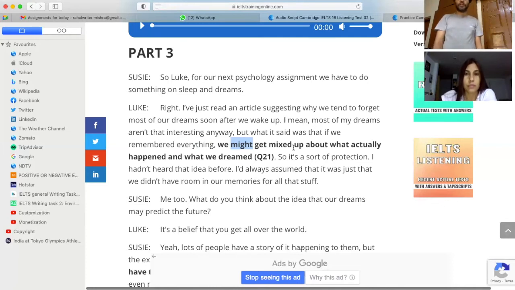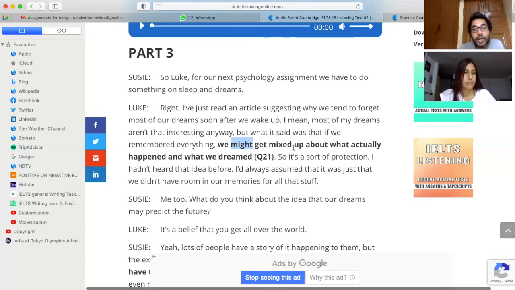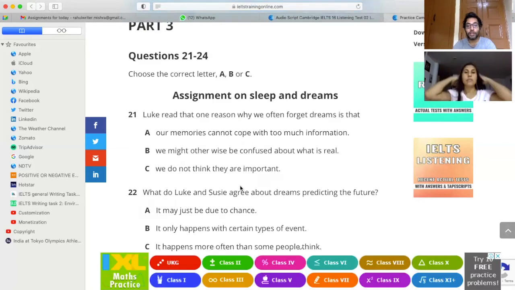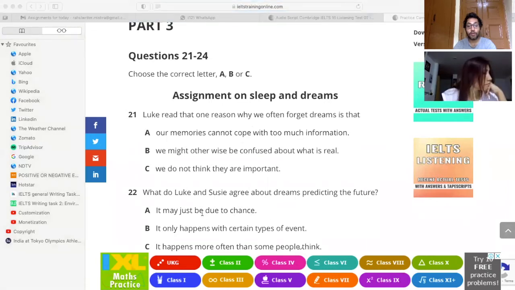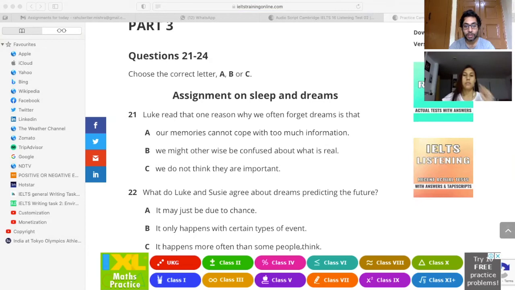Okay, that is the point. So the first part, A, is assumption, right? B is confusion. So our memories might get mixed up. The first part, A, is not a specific answer because it is an assumption.